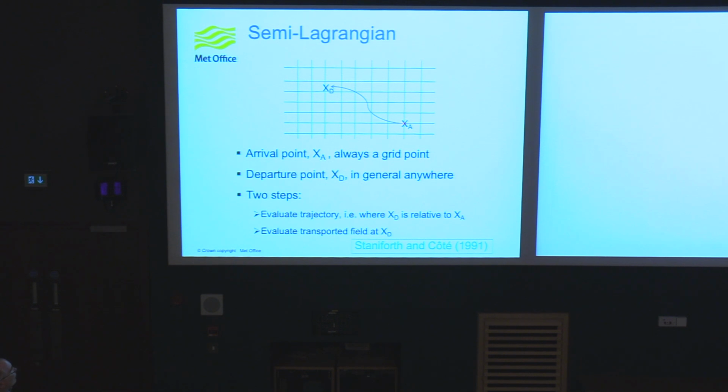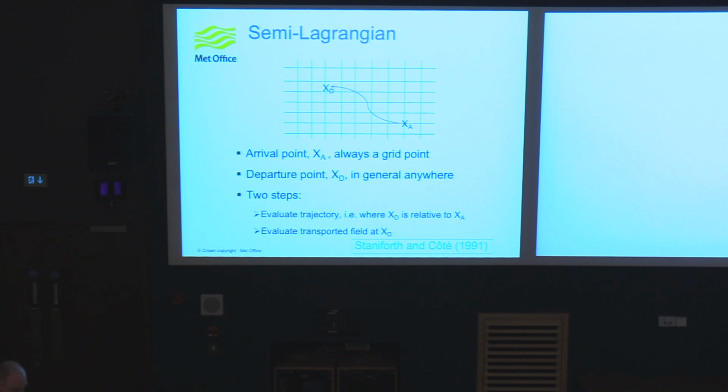So this is a mesh point where we want to know what the value of a quantity is. And how we work that out is, for the transport, we do a backward trajectory. So we solve that equation, dx by dt equals u, the velocity of the flow, and we backpedal, if you like, from this arrival point and ask, well, where did that air come from one time step previously?